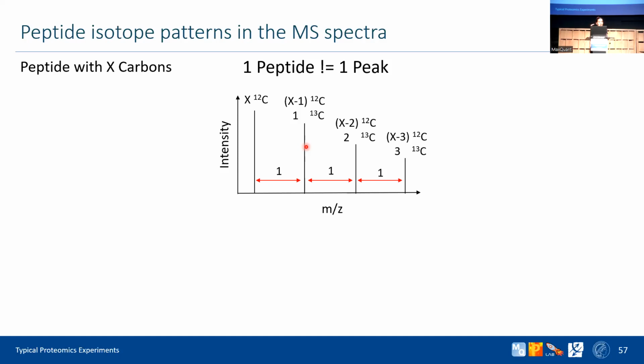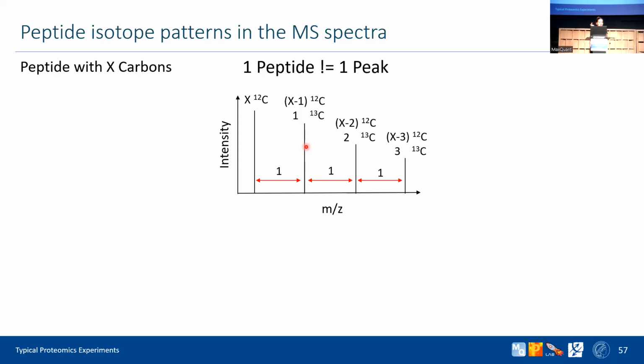Again, I expect the 2 consecutive peaks in an isotope pattern to be away in mass by almost 1 Dalton. Since I'm measuring on the x-axis not mass, but mass over charge, I can use this information to get the charge of our peptide.